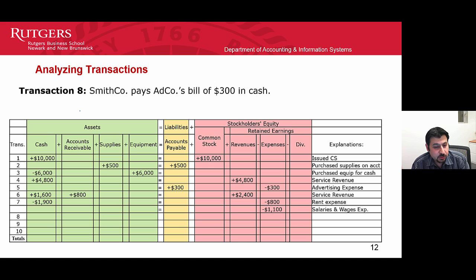Here, on the other hand, all we're doing is we are paying a debt to Atco in the amount of $300. So what happens here? Our cash decreases by $300 and our liabilities also decrease by $300, and that would be for liabilities payment.